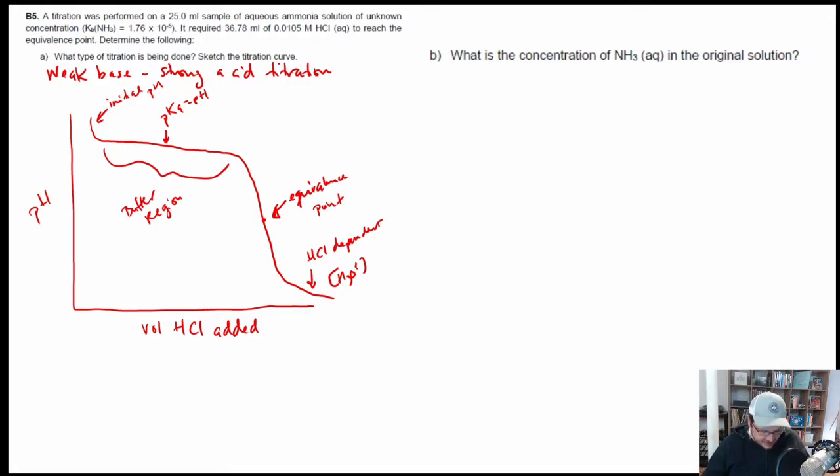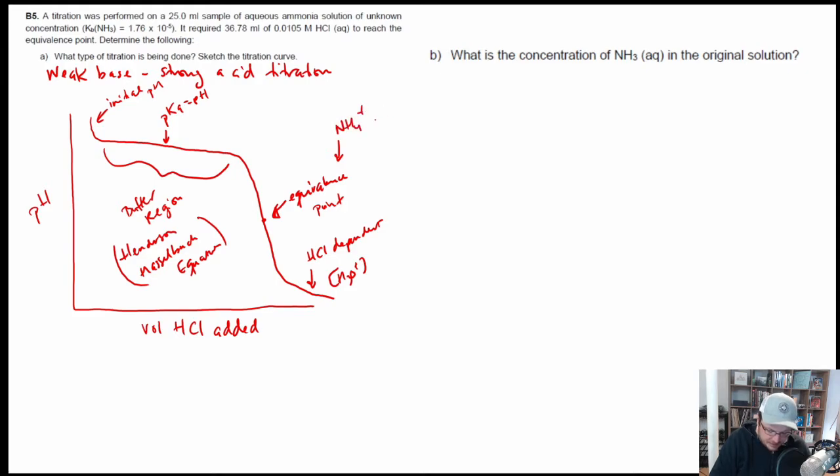If we're in the buffer region right here, we can use the Henderson-Hasselbalch equation, which is pretty standard in that scenario. That makes it very easy to calculate what the pH is, at the equivalence point right now.